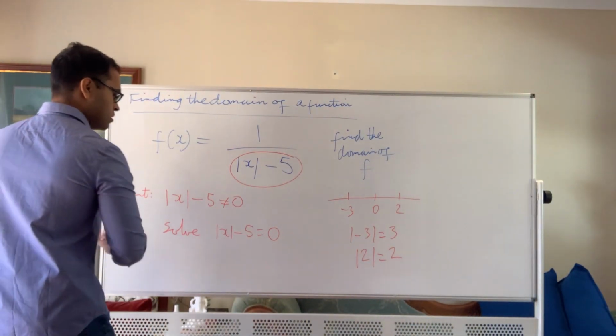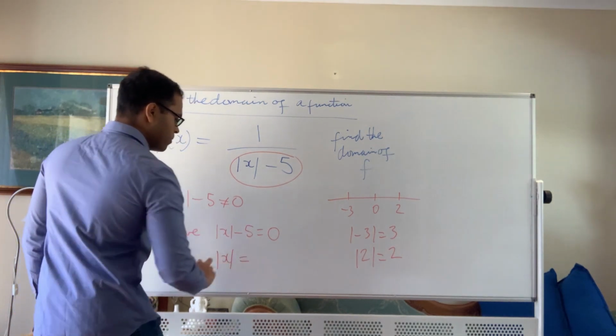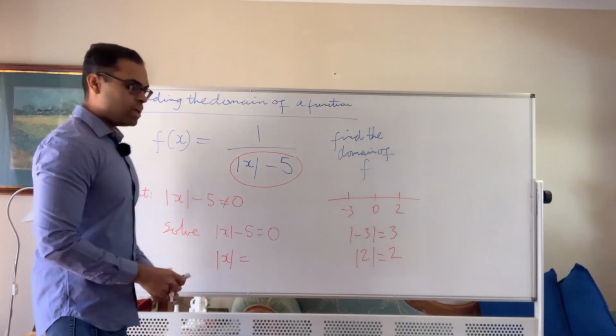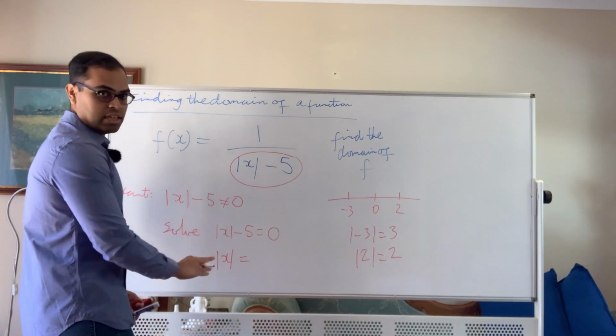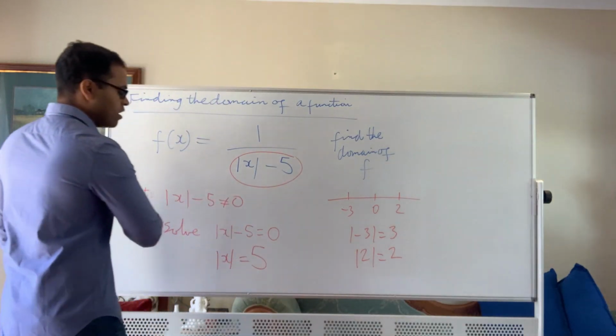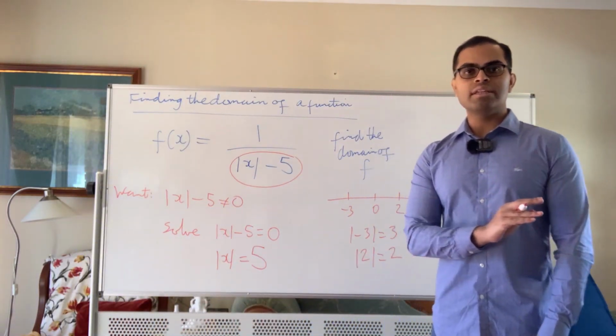And now if we solve absolute value x minus 5 is 0, we're adding 5 to both sides of the equation. Remember, when you solve an equation, always isolate the x part. Okay, so absolute value x is one entity. We have to just isolate that, get absolute value x is 5, and now what are the values of x so that its distance to 0 is equal to 5?